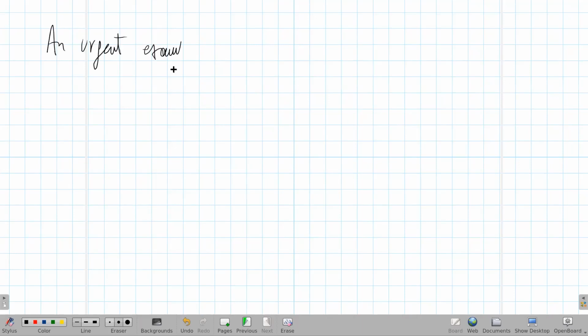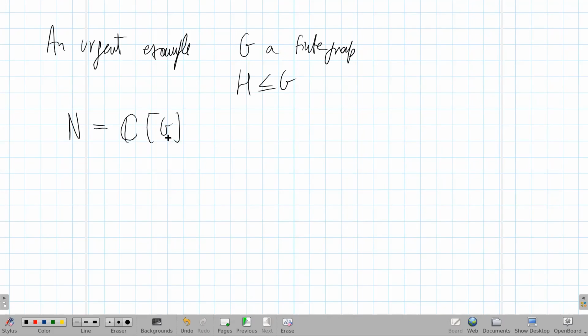Example, we are urgently in need of an example, because this is what we will use for our construction. G is, as usual, a finite group. H is a subgroup of G, okay? And you take for N the group algebra over G, okay? For R, the group algebra over H, and for S, the group algebra over G, okay? And then this is what I'll need in the construction of this induced character. That's why I make these choices, but there are more choices you could make.